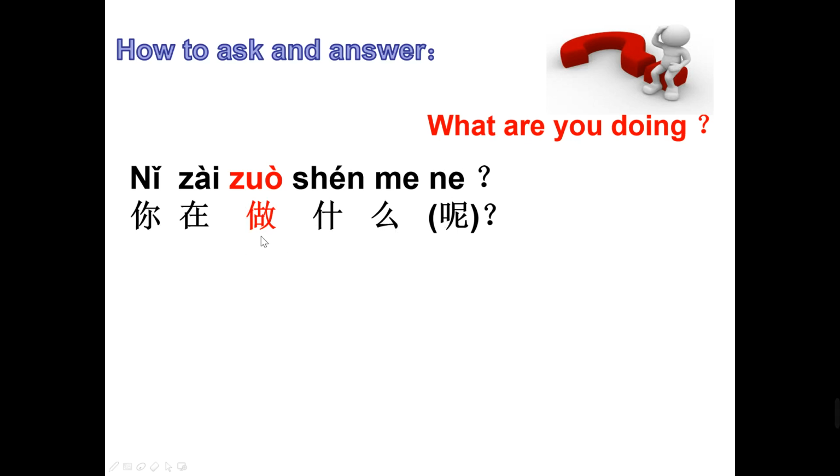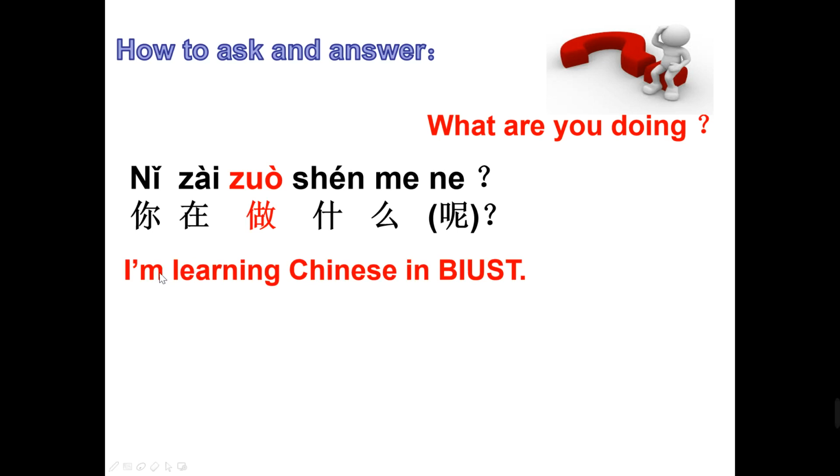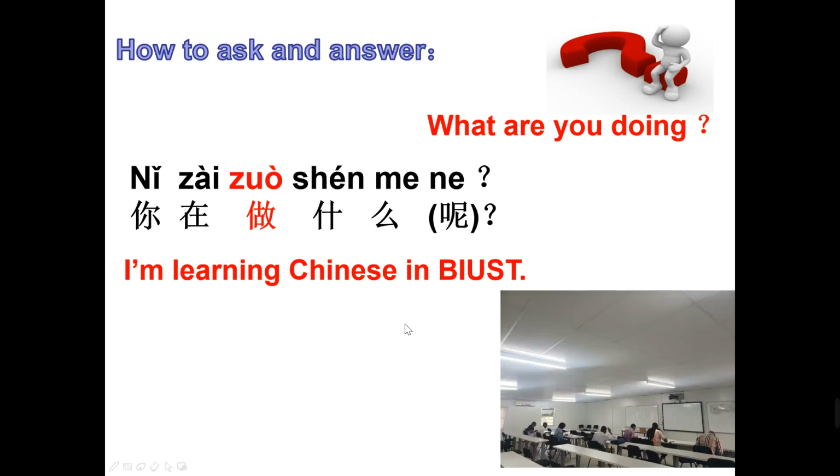Doing refers to 做。你在做什么？Yes. For this sentence, I'm learning Chinese in Boost, how to translate?